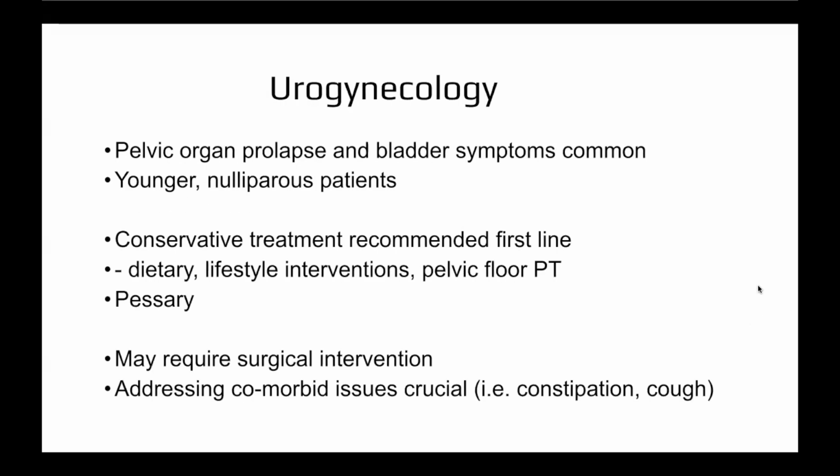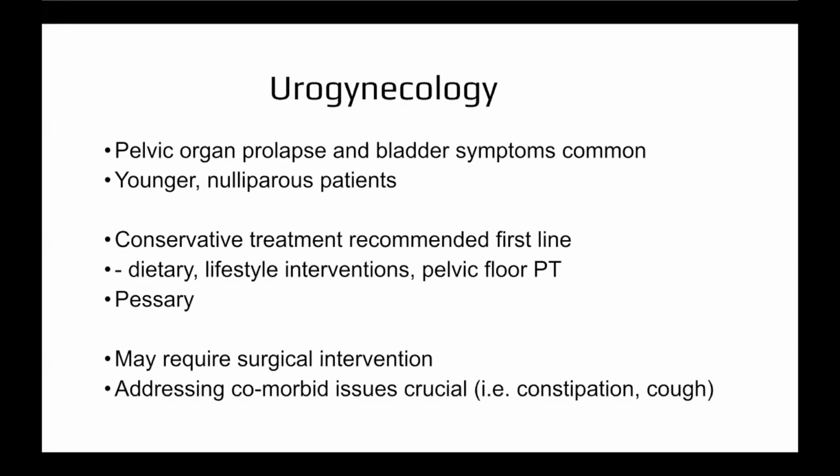So urogynecology is another whole area that people with hypermobile spectrum disorder struggle with. And that's basically along the same lines as hernias. It's an area where if your connective tissue is looser and more lax, you're going to have areas that bulge into areas that you don't want them.